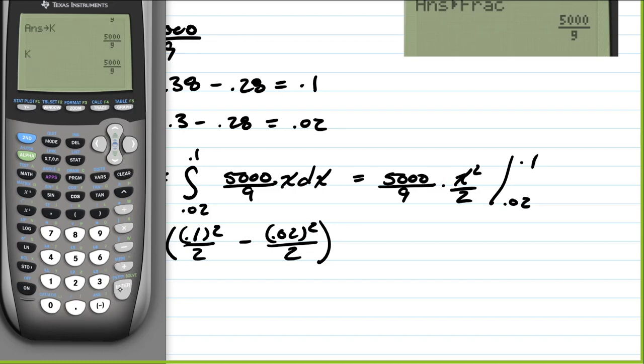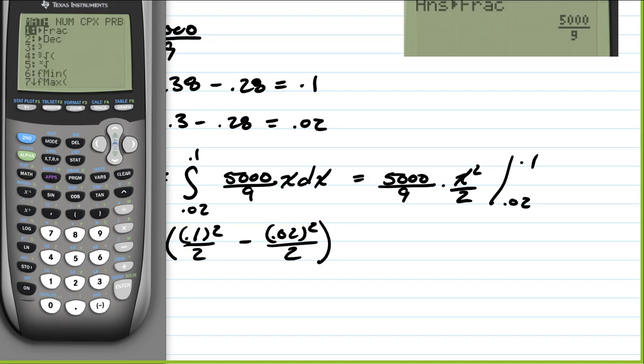Notice that my calculator now firmly believes that k is the fraction 5,000 over 9. So I have k times 0.1 squared over 2 minus 0.02 squared over 2.